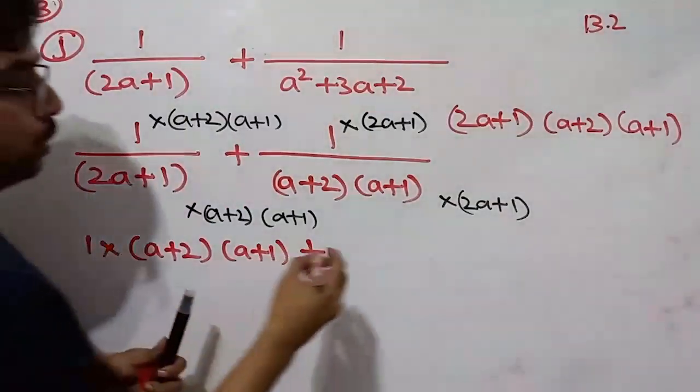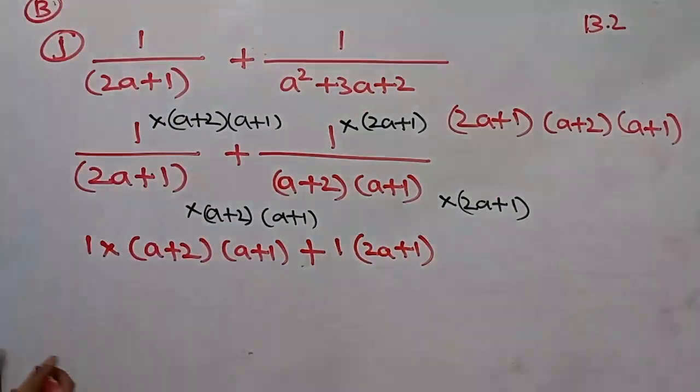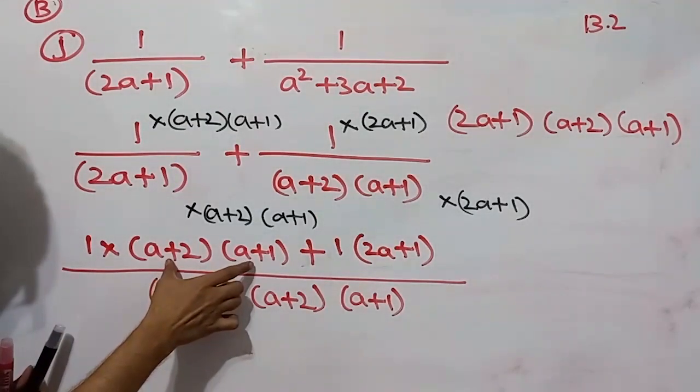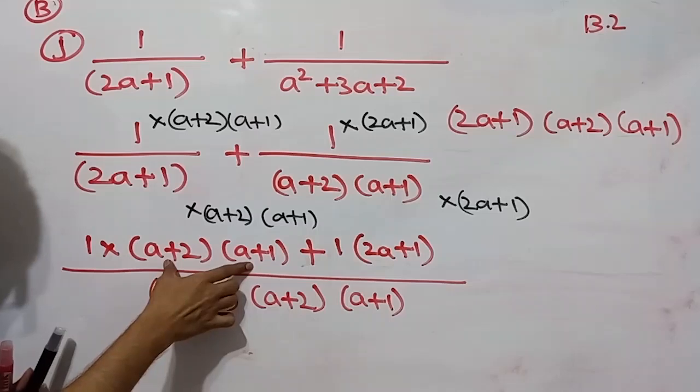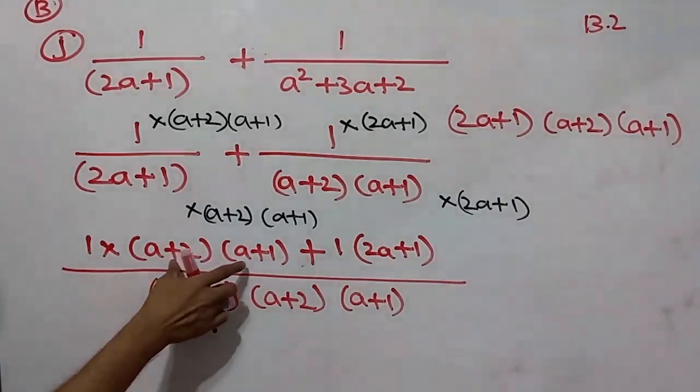So 1 into 2a plus 1. Then the entire expression needs to be divided by the LCM. So we can simplify here. That means we need to simplify these two binomial expressions.